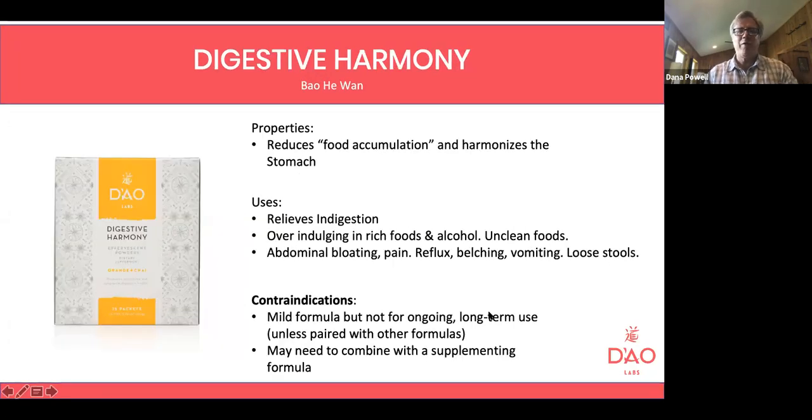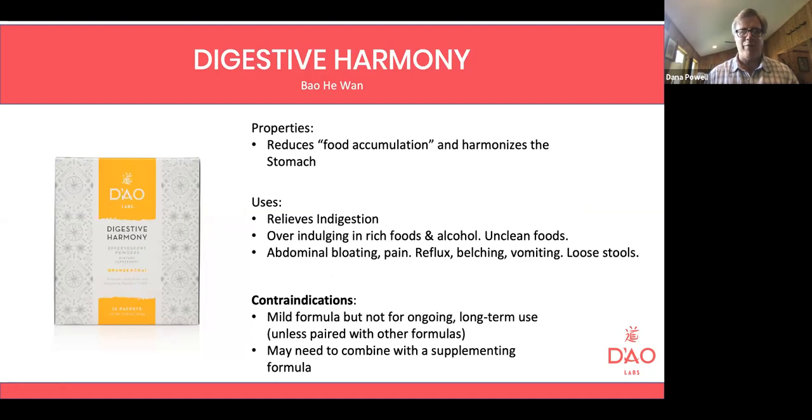Digestive harmony. This is our version of Bao He Wan, which is Preserve Harmony Pill. And as many of you know, this is a great formula for reducing food accumulation, which is the technical term, and harmonizing the stomach.